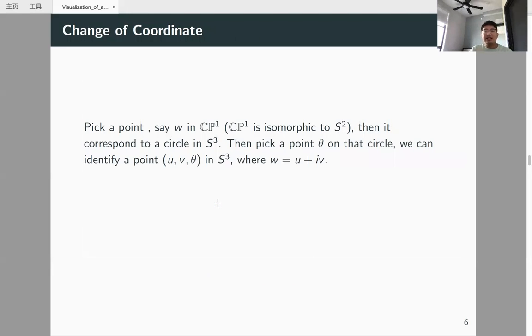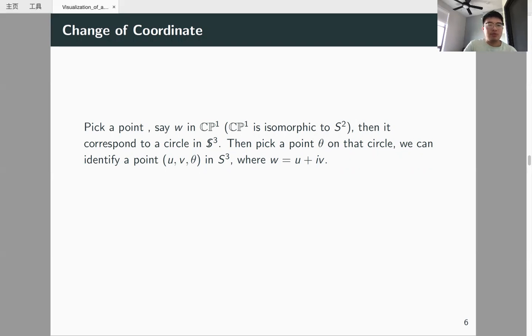The next key point is change of coordinates. For a point in S3, in our regular Euclidean space we use 4 coordinates, like x, y, z, w. But there is a way that we can use 3 coordinates to describe a point because it's 3-dimensional.